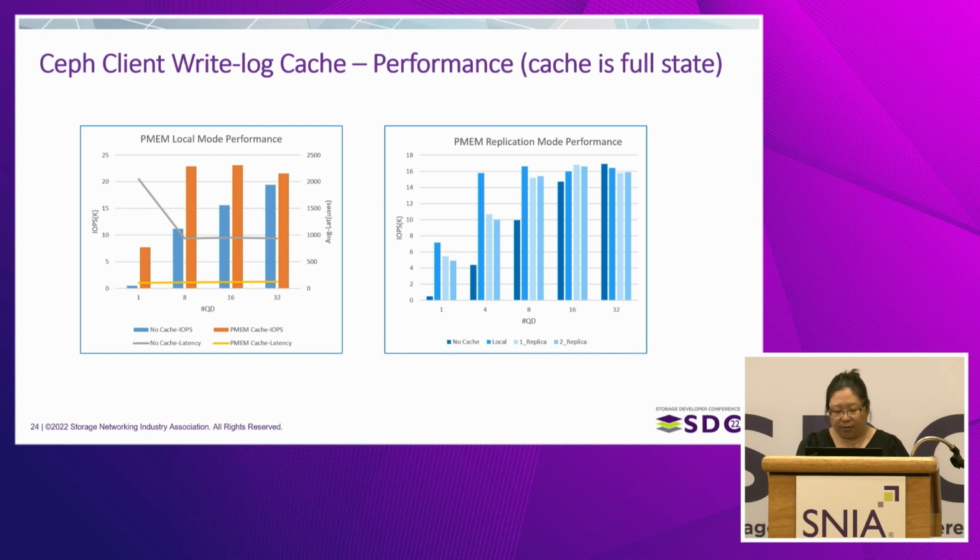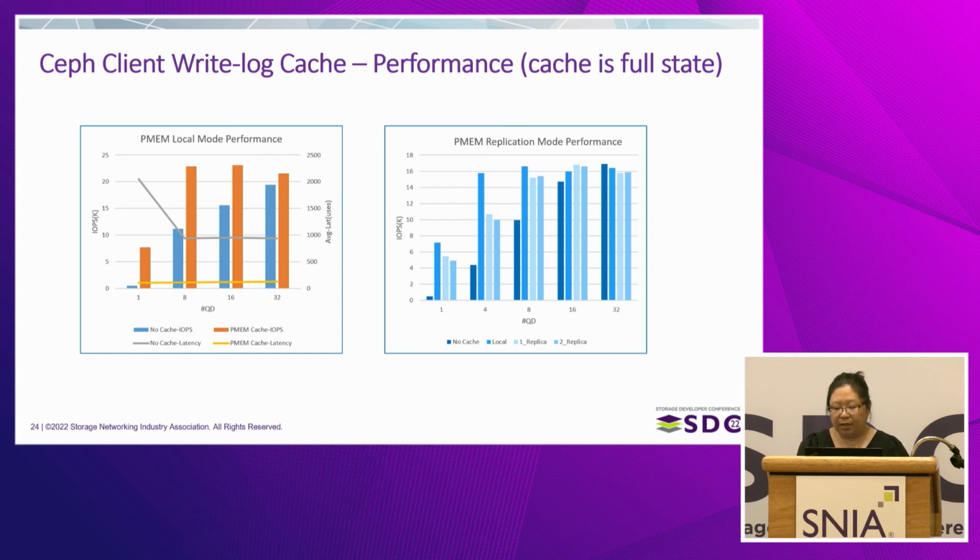The right side chart is with the replica, with one replica or with two replicas. We can see that when the IO depth is small, within 16, the local PMEM cache with the replica is faster than just writing to the Ceph cluster.